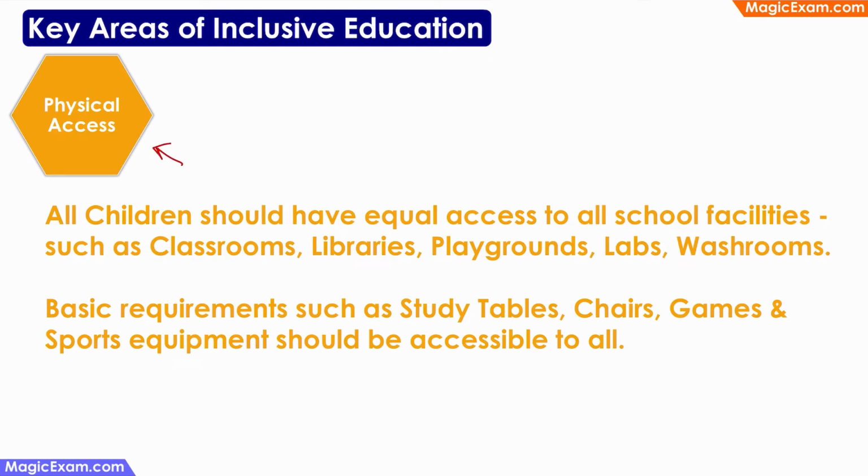Physical access is also a very, very important factor. So previously, classrooms would be designed mainly for normal children, and children with special requirements or special needs or disabilities would find it very difficult to access most of the facilities.